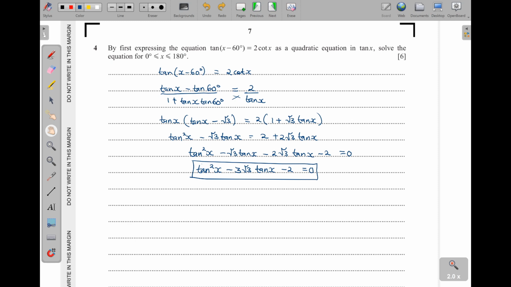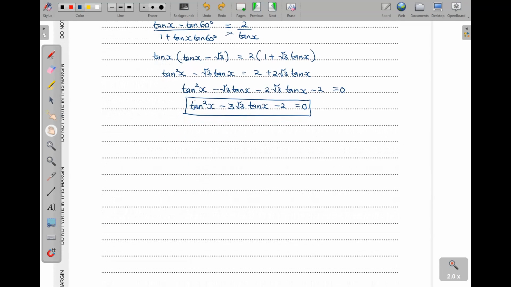Since this one is a quadratic, I can use the quadratic formula. Remember, it is a quadratic in tan x. So tan x is going to be minus b, and the b is minus 3 root 3. There is always a mistake done here: this one is a negative, and then somebody forgets that the negative has to go away.